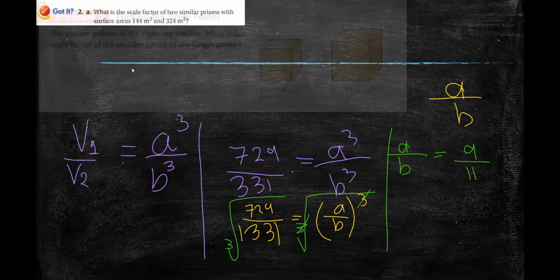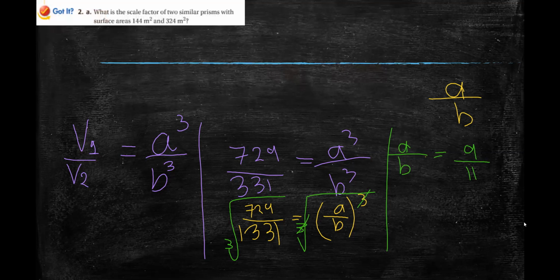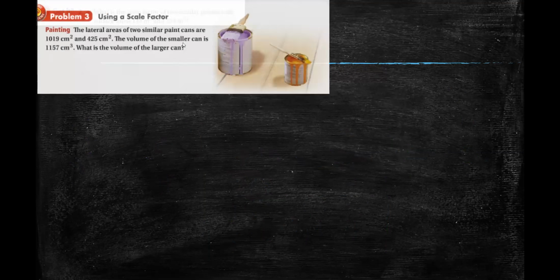You will understand more. In this one, they didn't give me the volumes. They give me the surface areas of the first figure and the second figure. So the data here are the surface area of the smaller one and the surface area of the larger one.